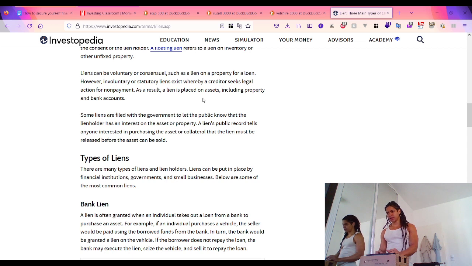So I'm looking at this because I saw in the historical data of the downturns and recovery of the market that they have many types of liens and lien holders.